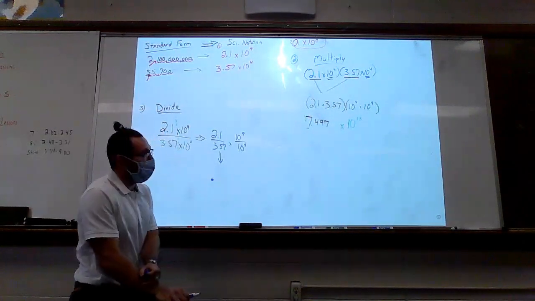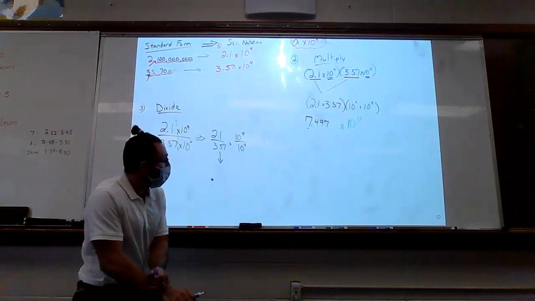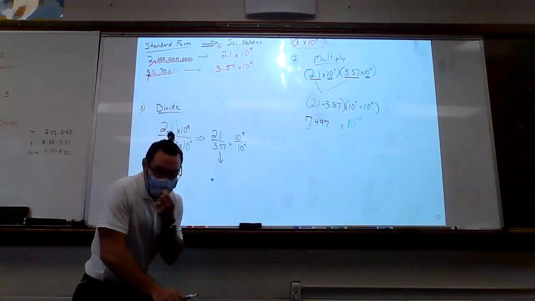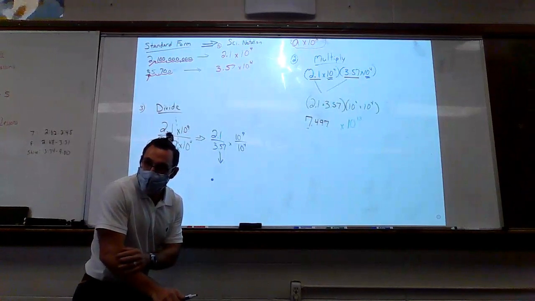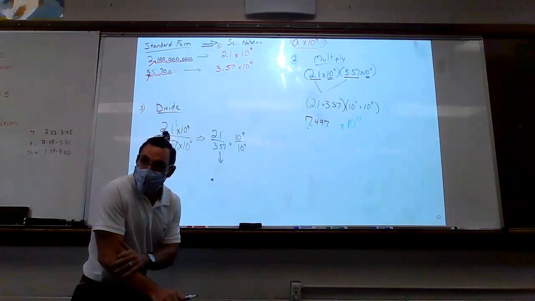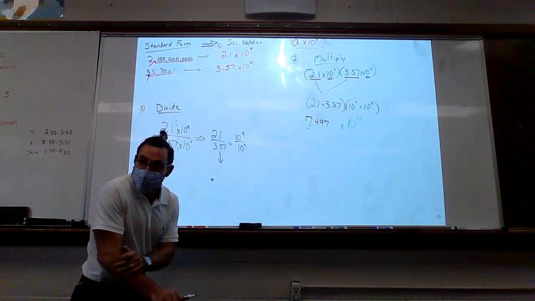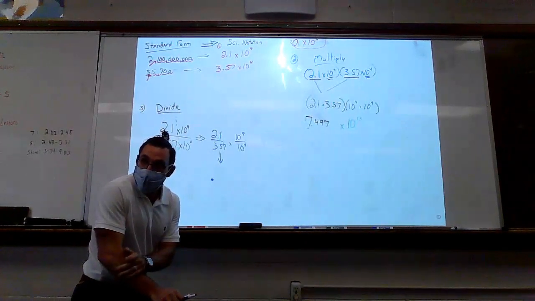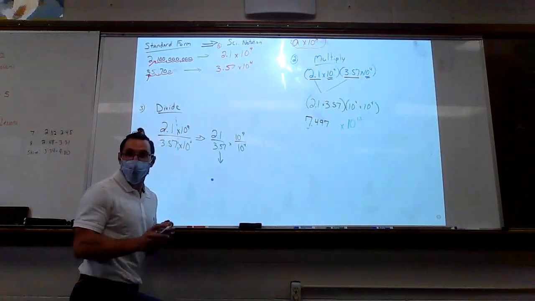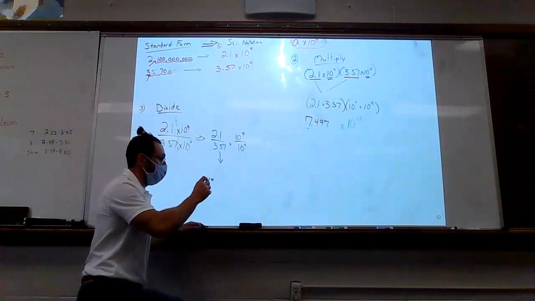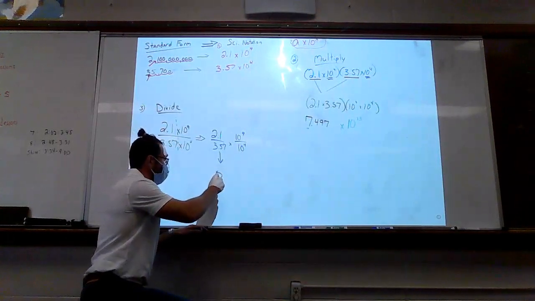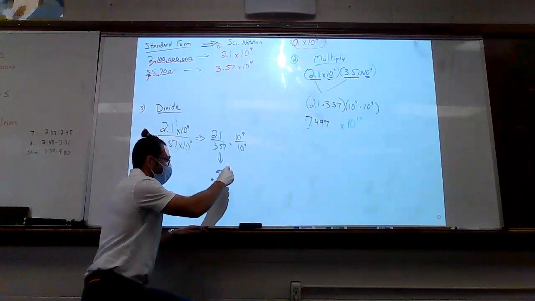So take the 2 and 1/10, press divide, do 3.57. What'd you get? And you can say point. We got 0.58 and a bunch of other numbers. Okay, 0.58, and we'll leave it there.